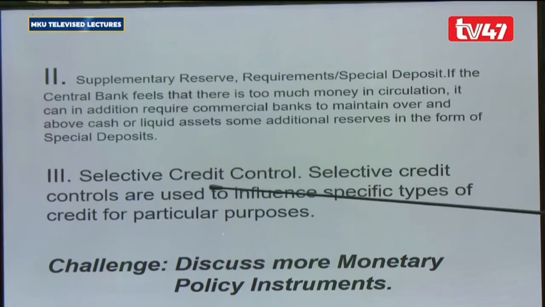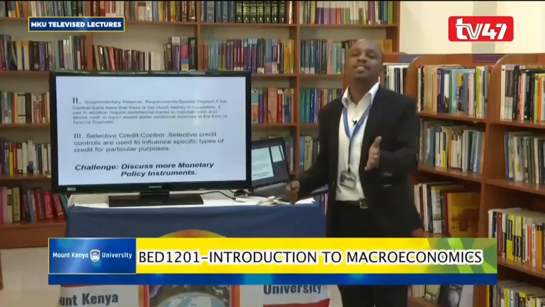And the third one is what we call selective credit control. That is used to influence specific types of credit for particular purposes, sometimes in different sectors of the economy. And mostly in our economy we talk about different sectors and the role they play in making sure that the economy grows or is triggered towards development.